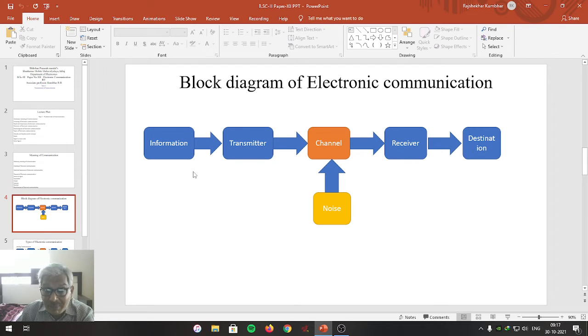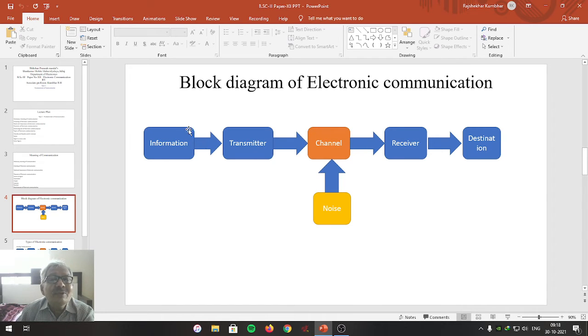Suppose temperature is a physical quantity; it is converted into an electrical signal by using various temperature transducers, maybe an RTD, maybe a thermocouple. There are so many sensors and instruments used to sense the physical information and convert it into the electrical signal. That electrical signal carries the information.